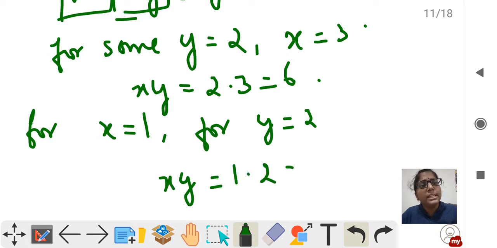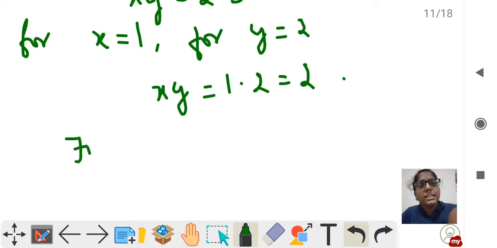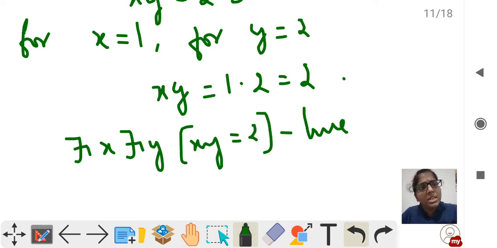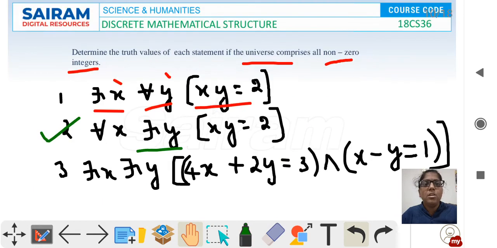So if we have there exists x, there exists y, xy is equal to 2, it is a true statement, right? But in the above case, for all x, there exists y, it is a false statement.